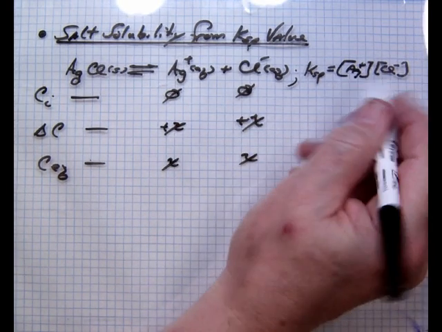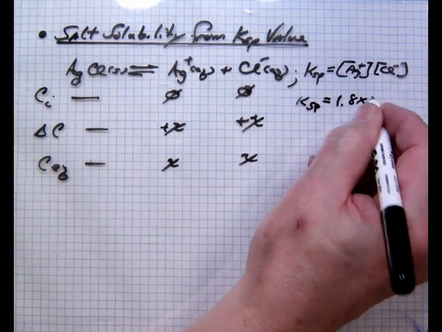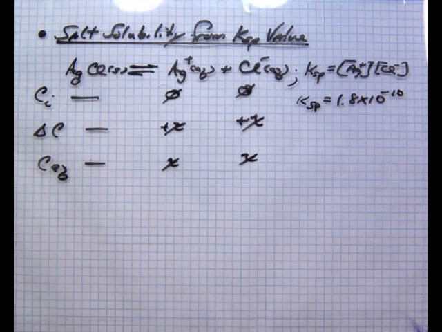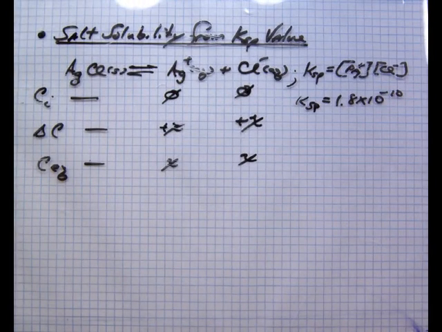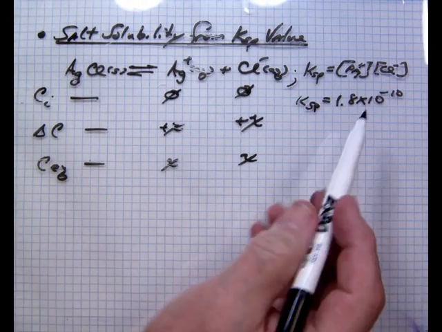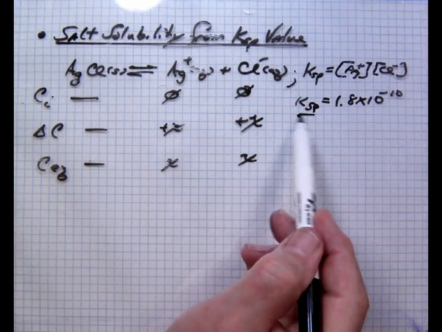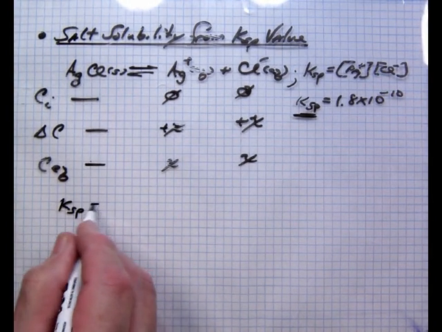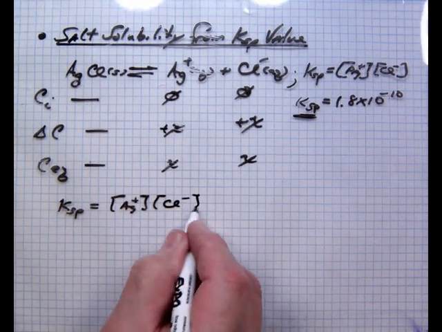Now, you can look up the Ksp for silver chloride. It's 1.8 times 10 to the minus 10. It's in a bunch of tables, okay? So to determine the solubility, we need to find out what X is. If the Ksp number is given, then it's not a problem, because Ksp is equal to silver concentration times chloride concentration.